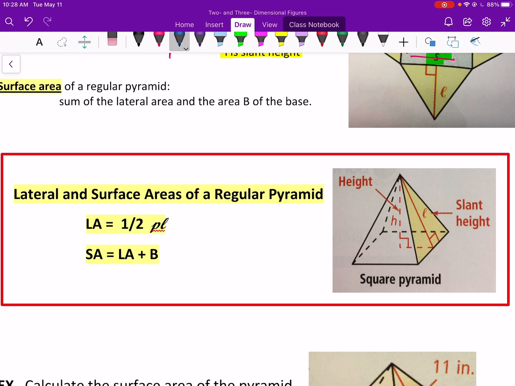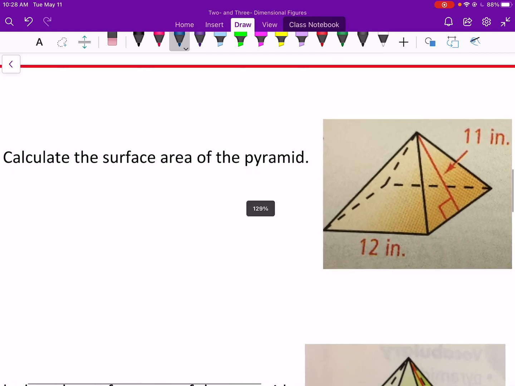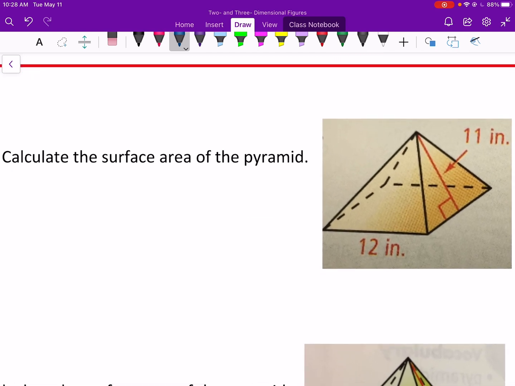All right, best way to do this is to do some examples. So looking at our picture, identify your parts. I have a side of the base of the pyramid that is 12 inches, and the slant height is 11 inches. Slant height is the height of one of those triangles.